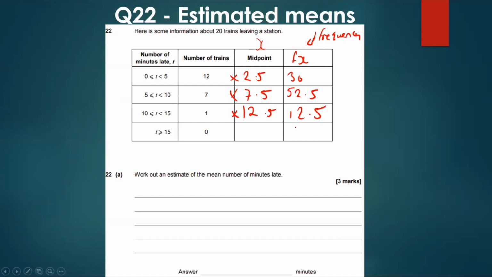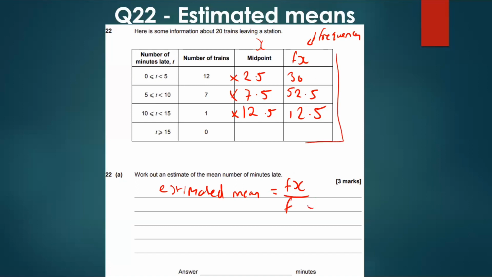To get an average, the mean is the total divided by how many numbers you've got. So the estimated mean is going to be the total sum of fx, which is this column here, divided by the total frequency.